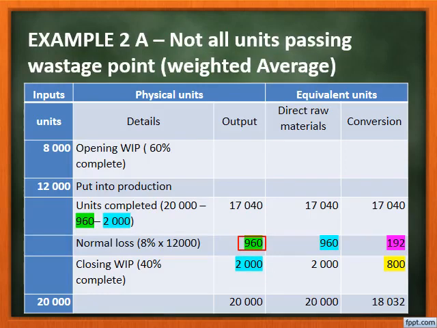This is because only 12,000 units put into production in the current period reached the spillage point of 20% in this current period. The 8,000 opening work in progress units did not pass the wastage point in the current period, but in the prior period. Therefore, only the units that passed the spillage point in the current period are considered for the normal loss.